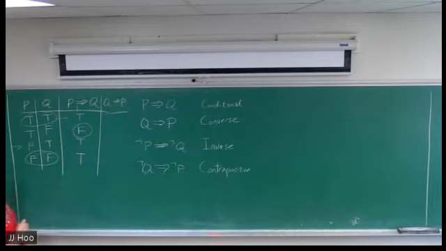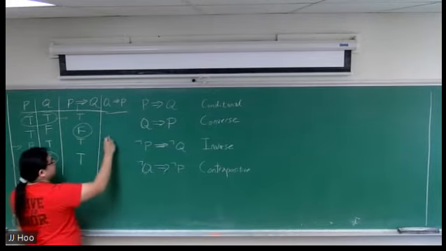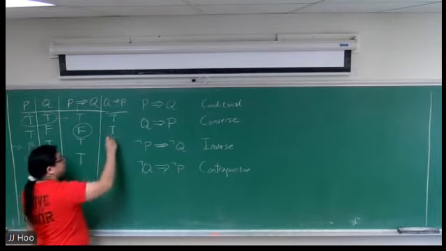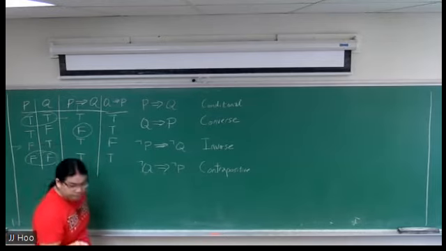Right, so if I look at Q implies P, we're going the other way, right? So this is the only case it's false. Remember, in a conditional statement, the only time it's false is if the premise or the hypothesis is true and the conclusion is false. So everything else is true.